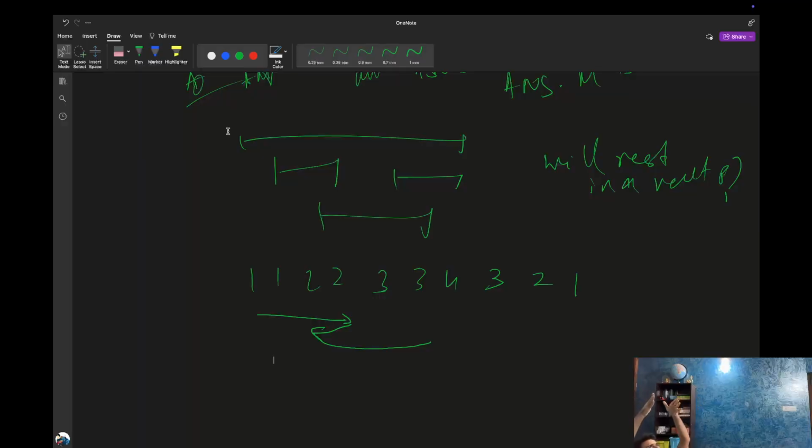So 1, 1, 1, 1, and then later the answer is just the sum of values.